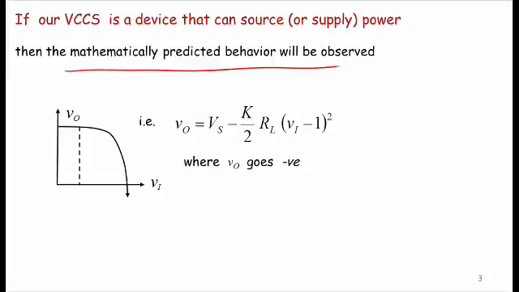There are no surprises, and V naught will go negative. The dependent source must be a device that can supply power. It must be able to cause V naught to go negative and still afford a positive current. In other words, it is supplying power.